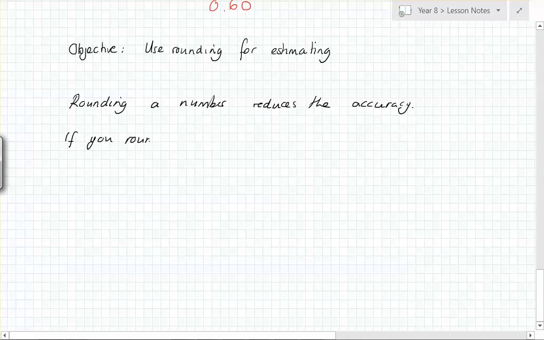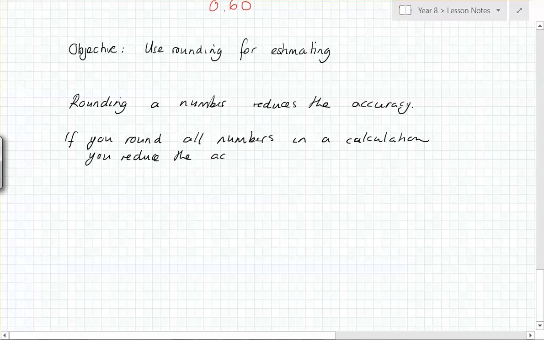If you round all numbers in a calculation, you reduce the accuracy of the answer. So if we reduce the accuracy of the answer, potentially we'll make it incorrect. If you reduce it so much, it's incorrect.